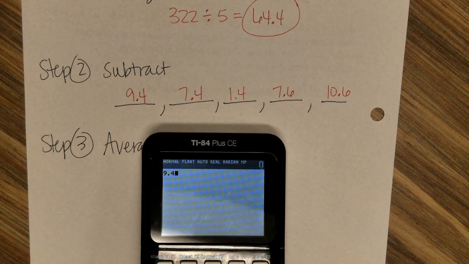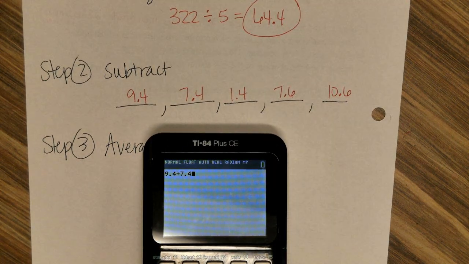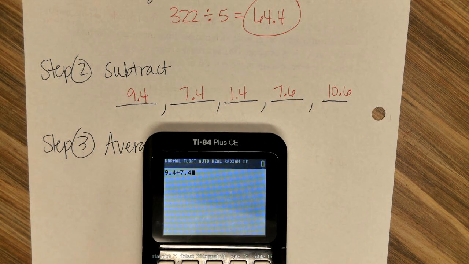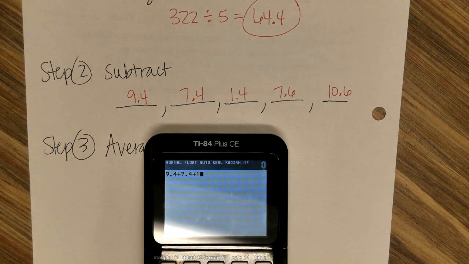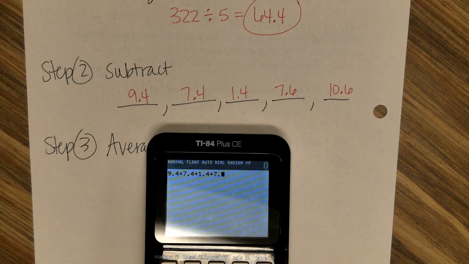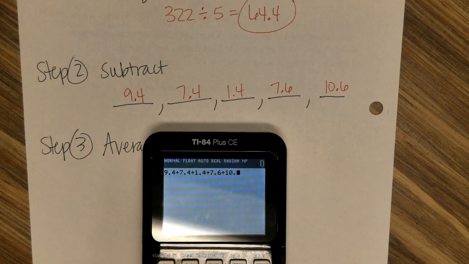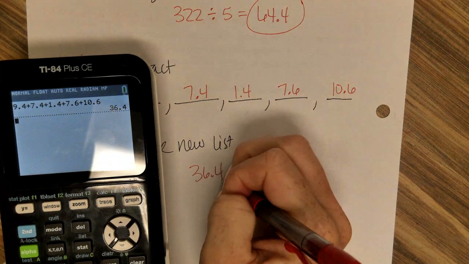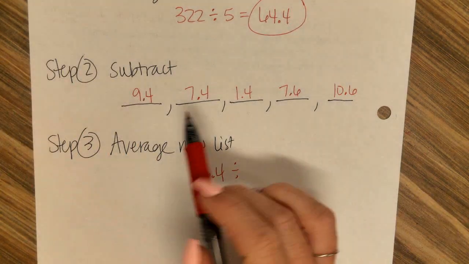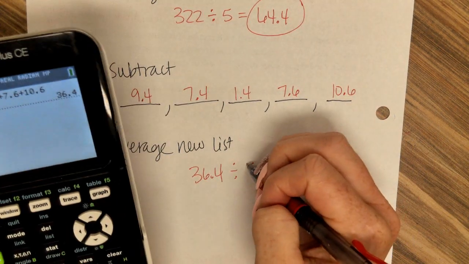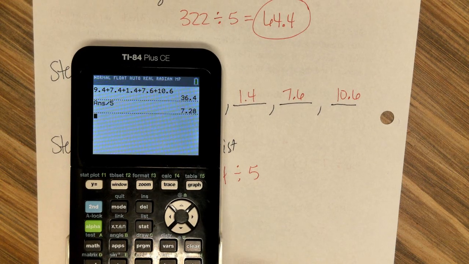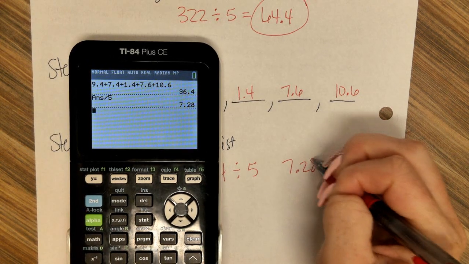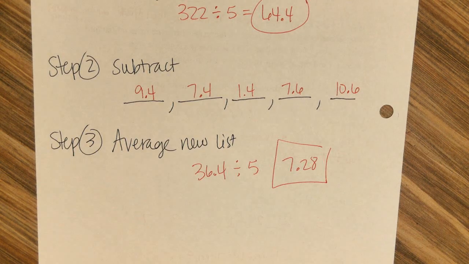So 9.4 plus 7.4, y'all should be doing it with me, plus 1.4 plus 7.6 plus 10.6. Hit enter. That's not your answer. I must divide by how many are there. Well, there's 5 again, which is 7.28. That is the final answer.